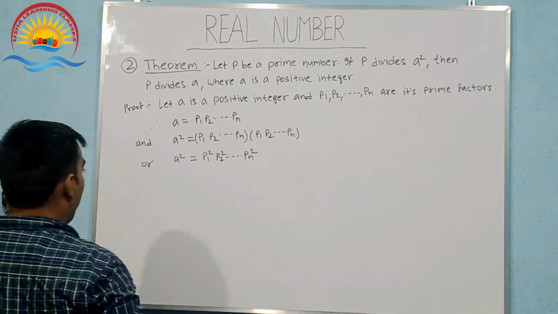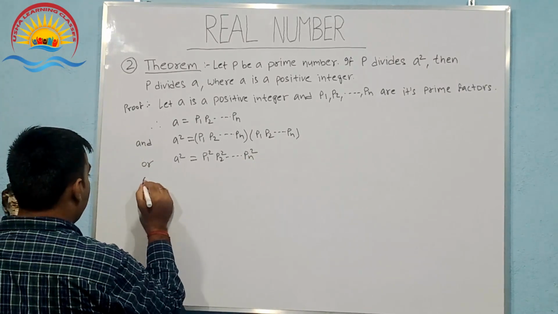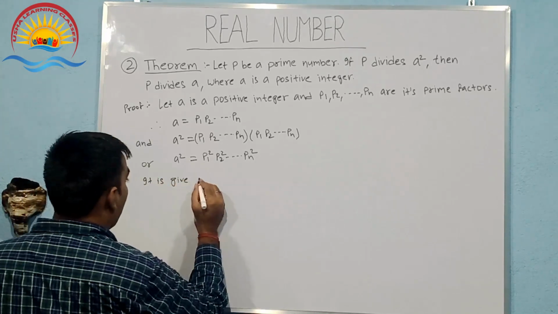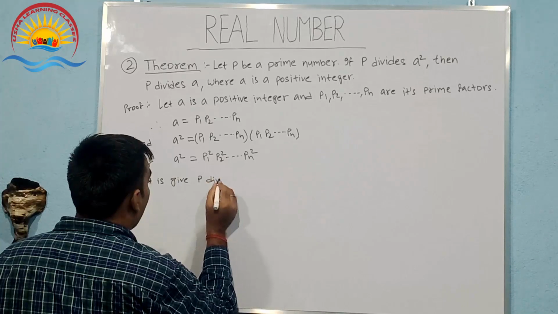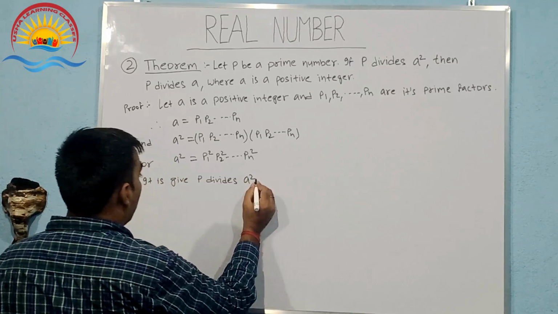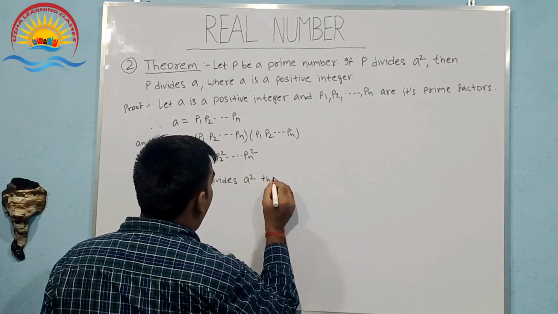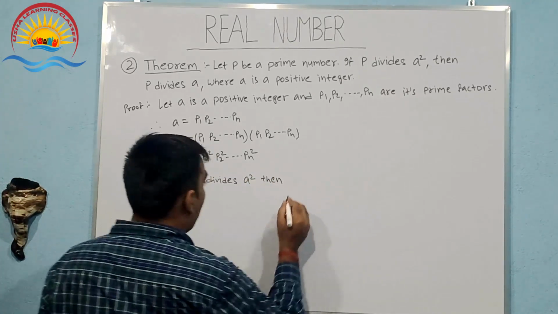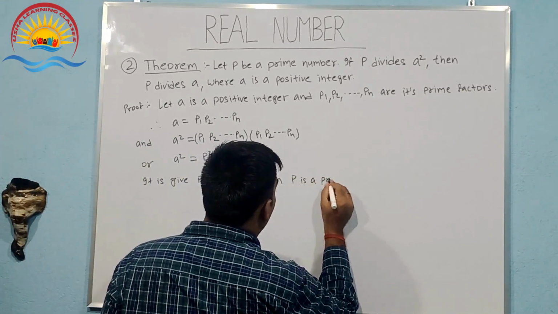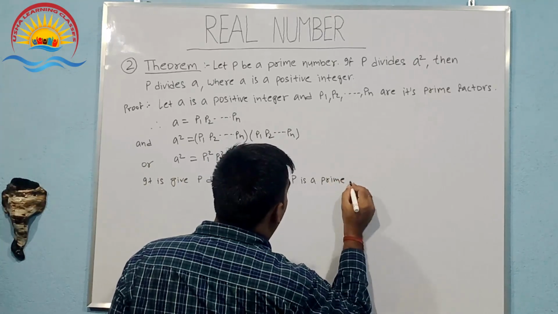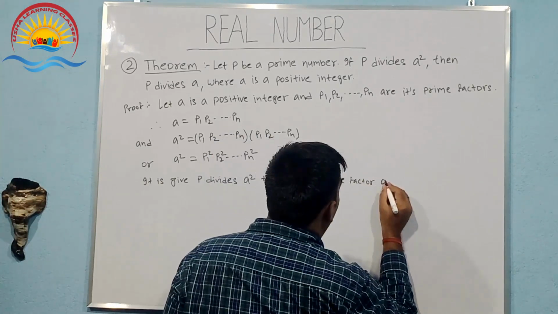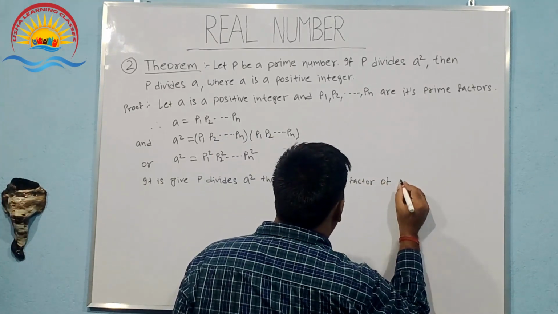From the fundamental theorem of arithmetic, it is given that p divides a square, then p is a prime factor of a square.